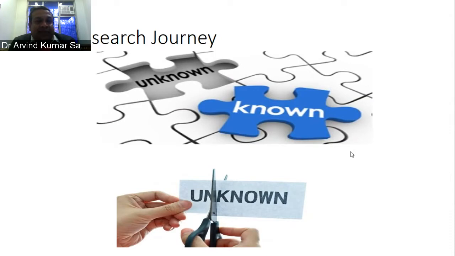The literature review becomes the background to understand what is known, and the gap that arises, the things which are still not known, will become the basis for deciding what your research topic and research question would be. Next slide, please.